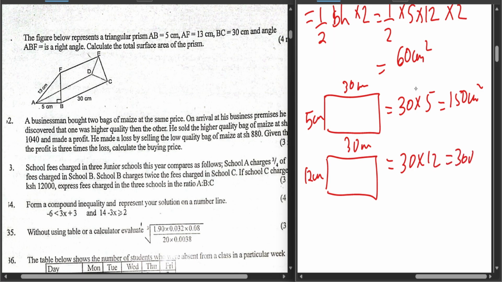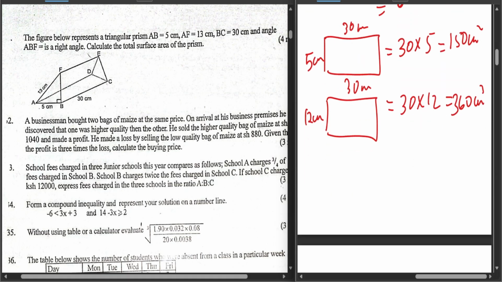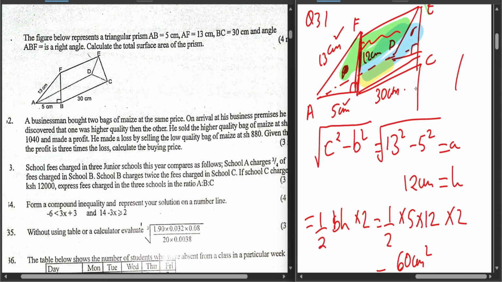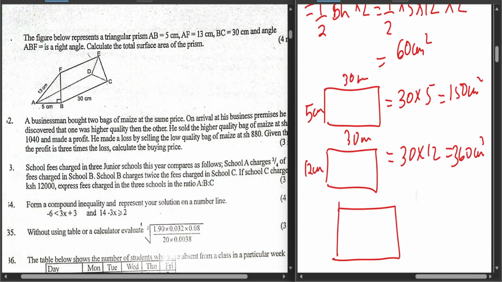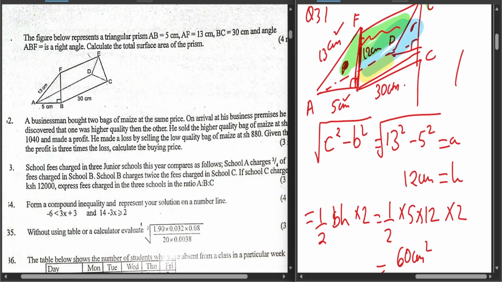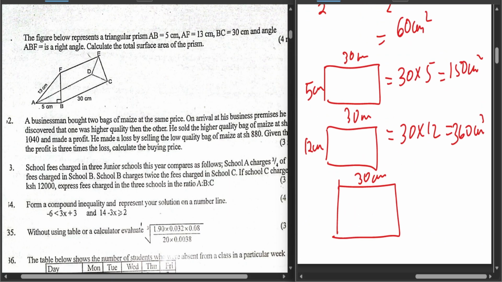Basically, the widths come from the sides of the triangle. Then we have the last rectangle, the inclined green one, with a length of 30 and a width of 13. Yes, it's 13, 5, 12, 13. So you do 30 times 13, which will give you 390.